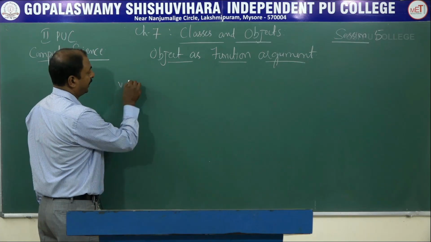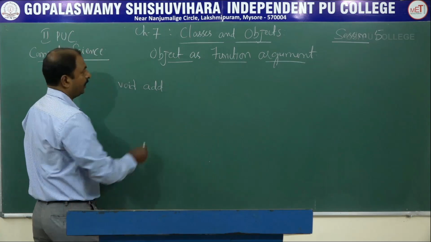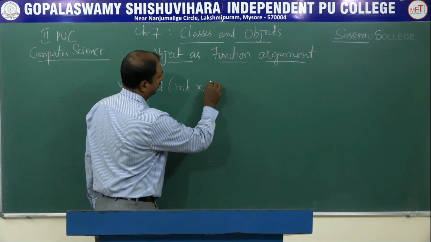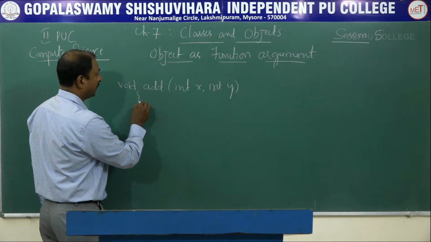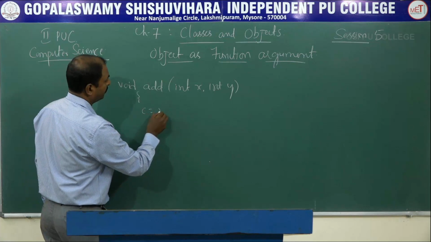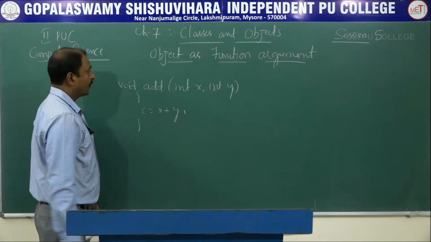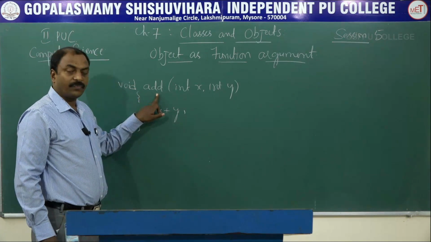Suppose you write an example of a function void add, with parameters. Inside this, we have one statement, c equal to x plus y. I am closing this. If you look at this, this is the name of a function.